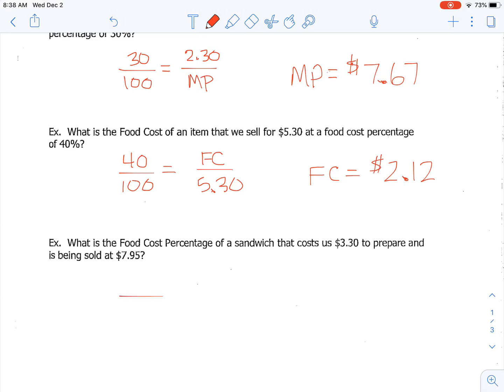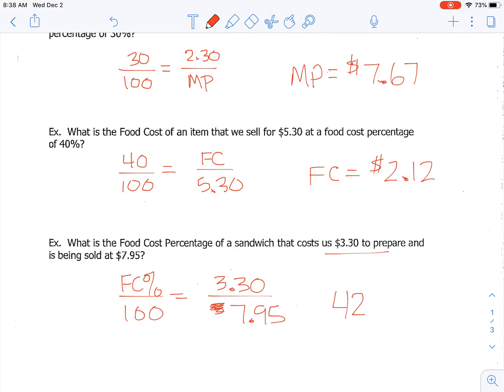And then the third example here, what is the food cost percentage of a sandwich? So the food cost percent is the part we don't know. That cost us $3.30 to prepare it, so that's the food cost. And it's being sold as $7.95. And we get 41.5.